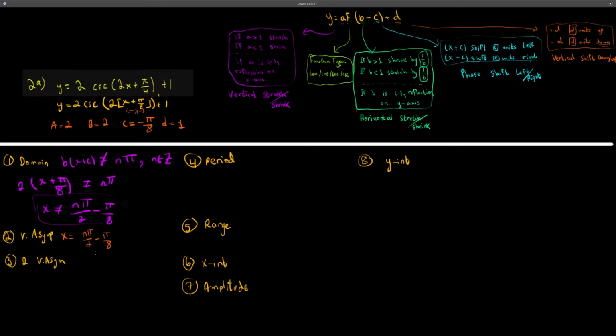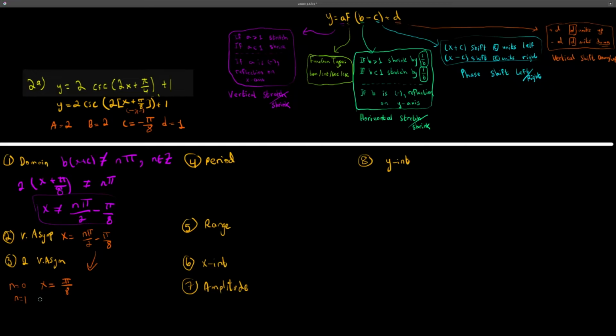Now we can use this formula to find two vertical asymptotes. So we can have n equal to 0 and n equal to 1. n equal to 0 will just be x equal to minus pi over 8.